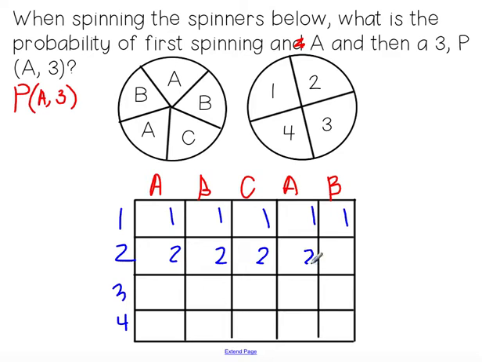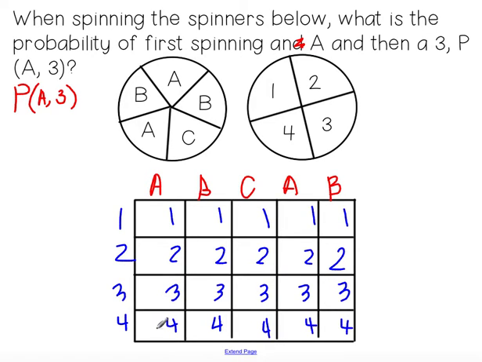In this row, you've spun a 3. And in this row, you've spun a 4. Perfect. All right, so then you can start looking at the letter that you would be spinning.